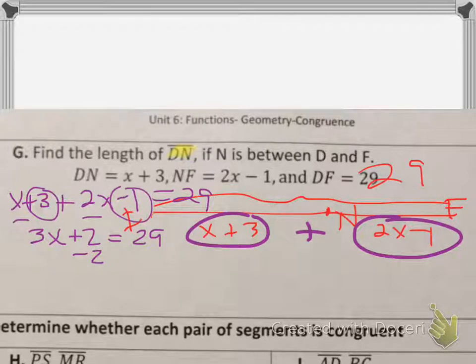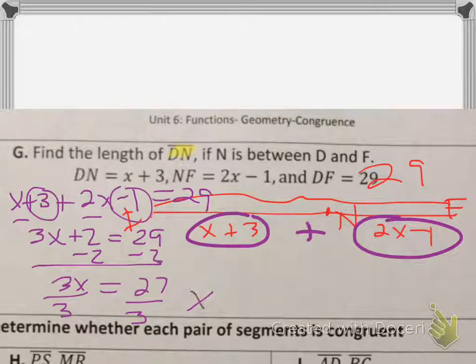First thing we're going to do to get that x by itself is to get rid of the 2, so we're going to subtract the 2 to the other side. We get 3x equals 27. We're going to divide both sides by 3, and I get x equals 9 for my solution. A pretty poor looking 9.